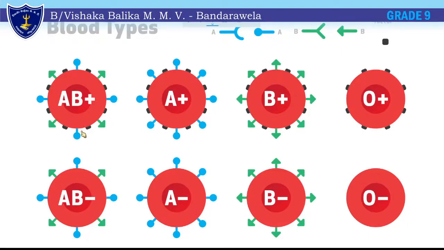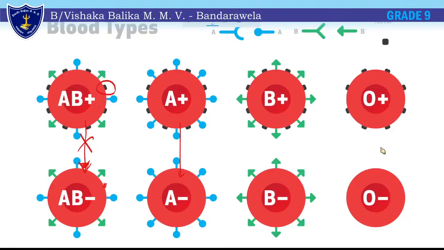AB positive can't be given to AB negative, because AB positive has the antigen. Look at this. The AB negative does not have this antigen, therefore we can't donate it. Also, A positive can't donate to this. And AB positive can never be given to anyone.